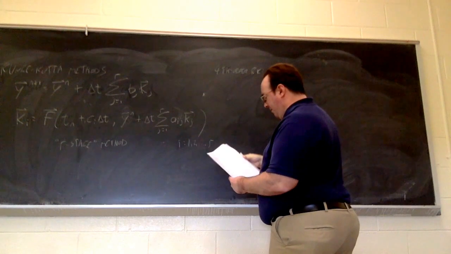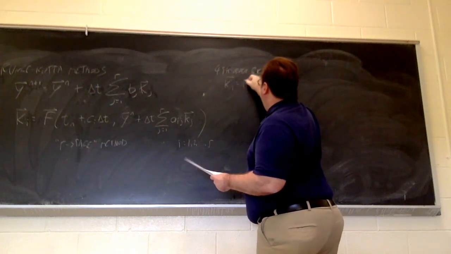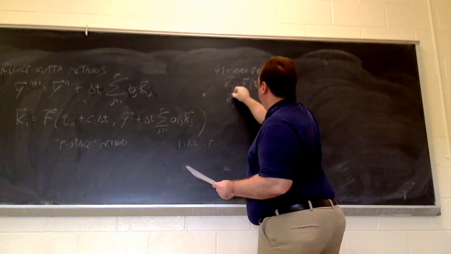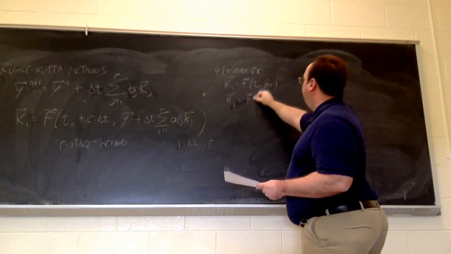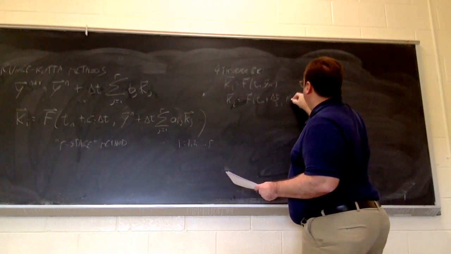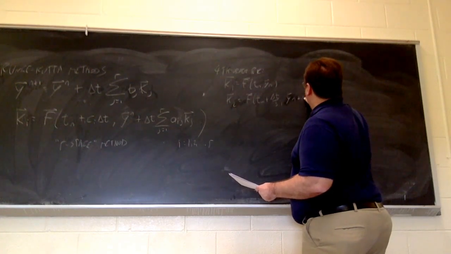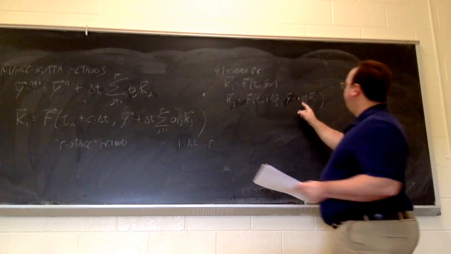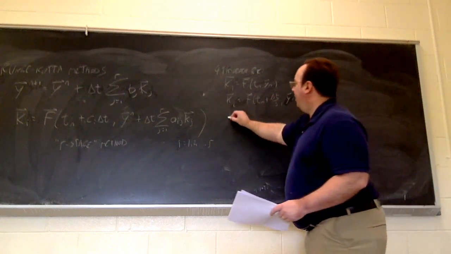All right, so here we have 4 evaluations of K. So K1 is the usual, evaluating at Tn. K2 and K3 evaluate at the midpoint in time. So this is an explicit Euler approximation of y at the midpoint in time.